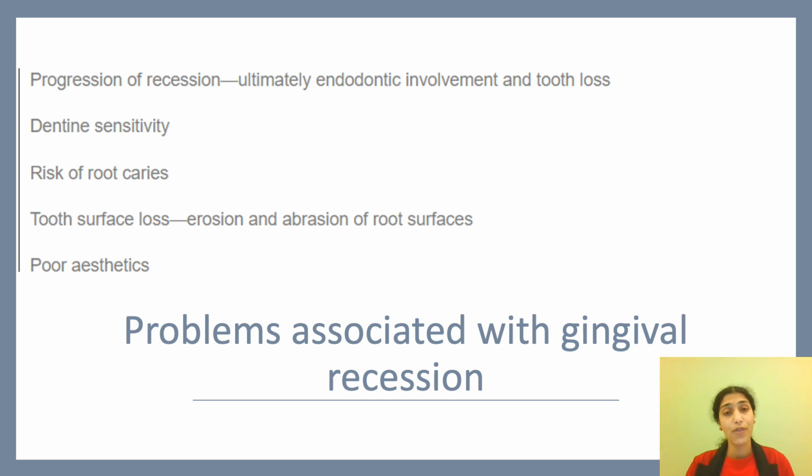The high chance of root caries will be there. Moreover, the patient will have a very unaesthetic appearance, right? And also there could be tooth surface loss like erosion and abrasion. Once the root surface is exposed, it can easily be prone to erosion or abrasion by means of brushing and other habits also.